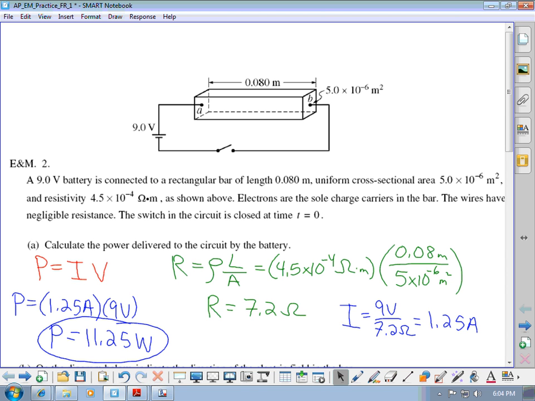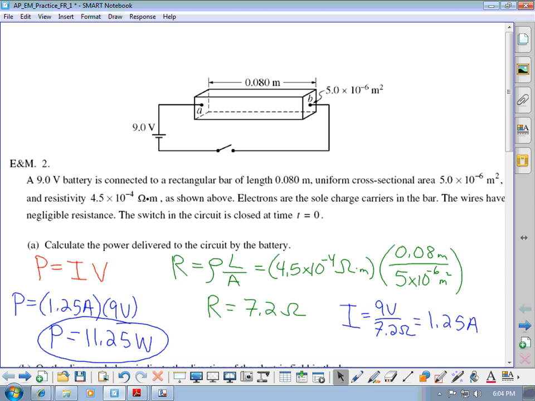In terms of a circuit, this is the simplest circuit you can have: one battery, one resistor. The thing that makes this a little more challenging is they're not asking you to calculate current, they're asking for power, and you have to find the resistance using the resistivity.